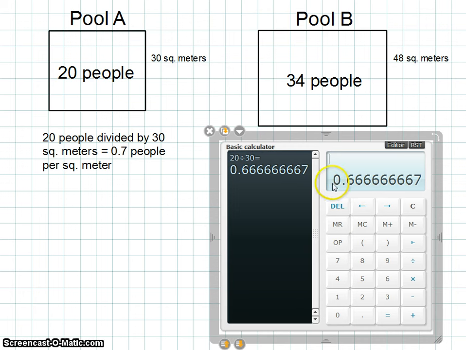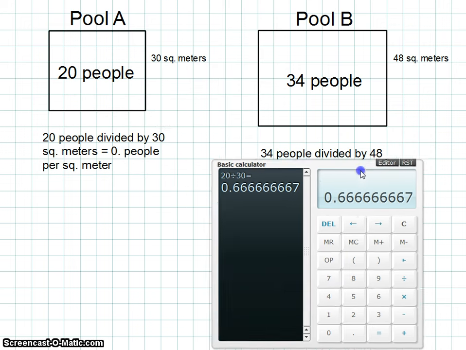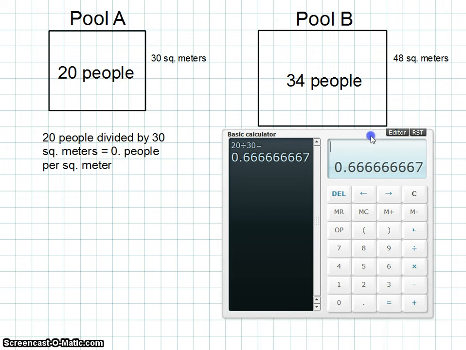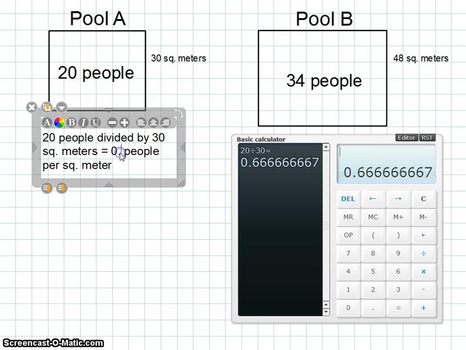So the population density of pool A is, well, why don't we round to the nearest hundredth place? Maybe that might make it a little bit more clear, because when we round the number to the nearest tenth, we get 0.7 for both, right? So let's round this number to the nearest hundredth place, and if we do that, we get 0.67.